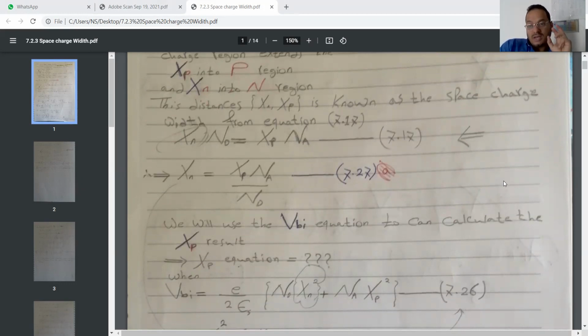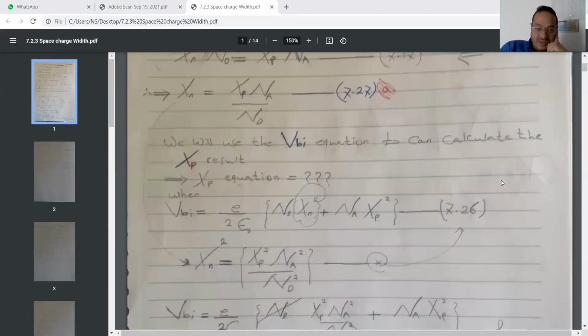Let's keep going. Here we will use the built-in barrier potential. By using the built-in barrier potential equation, we can simplify this equation and try to find the last equation for the width in the N region and the width in the P region. Let's keep going and see that together. Now let's start to determine the width in the P region.